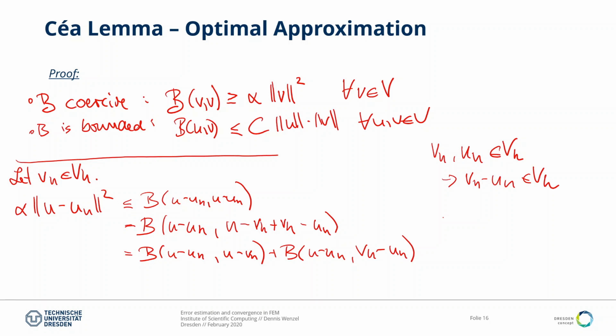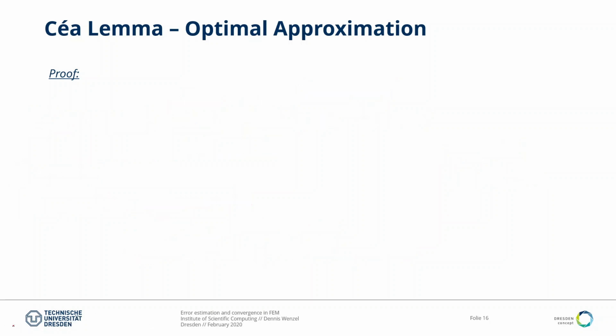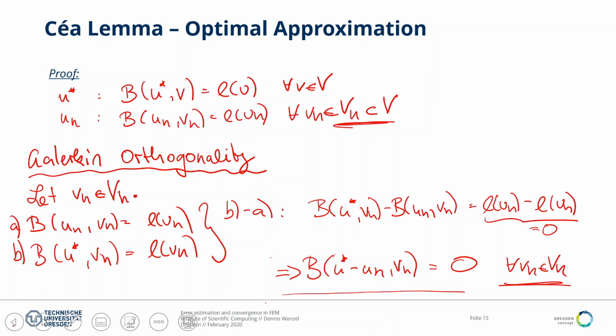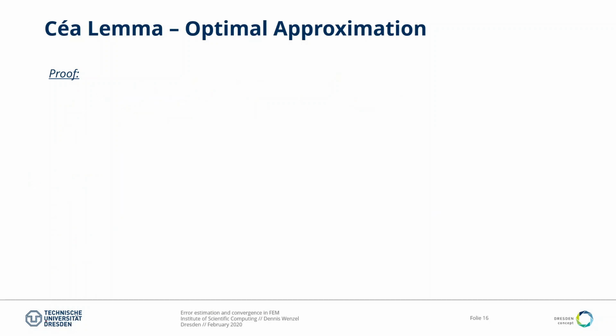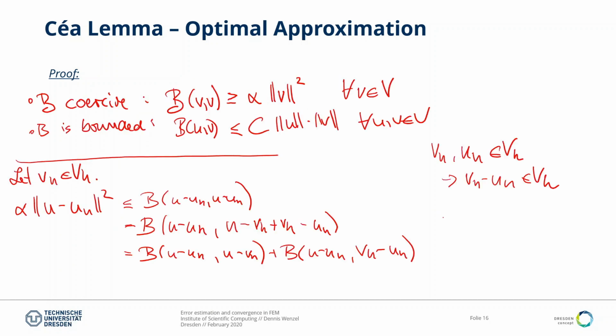Okay, that was a long speech, but why is that important? Well, if you remember our Galerkin orthogonality, then we've seen that the difference between the exact solution, that is supposed to be u star, I'm going to change this for a second, so the error tested on our discrete space is simply 0. So here I should also take u star.